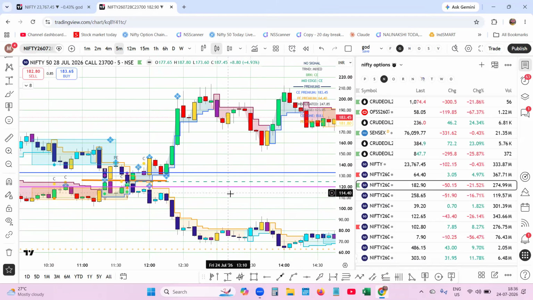Do you notice one thing, friends? The price had expanded too much. For a writer, I am giving the clue. Whichever price has expanded so much, that is gamma. Gamma value has been added to this premium and it will expand like anything. IV might have increased on the call option.